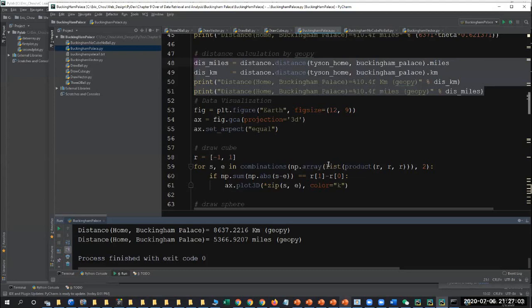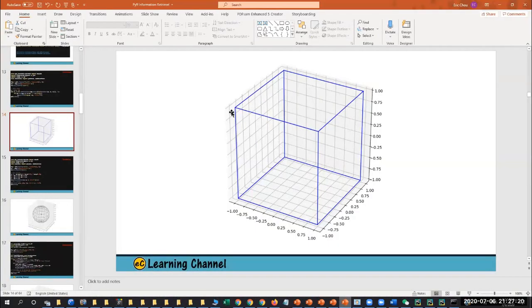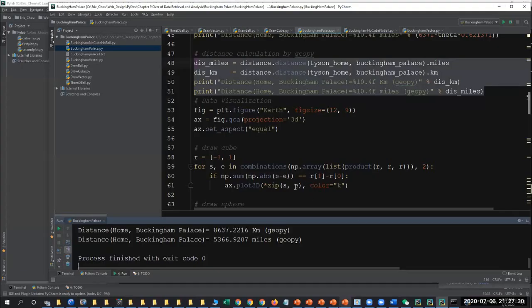The array will list down the combinations, and each one will give you an S and E. The S and E are actually the X and Y, but in a 3D plot. While the plot is 3D, the numbers S and E are in 2D. So you get that 2D number and it will be printed over there.